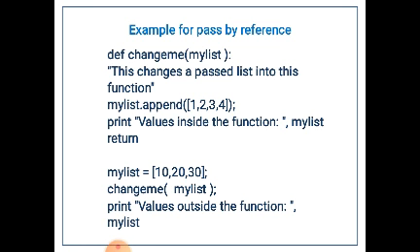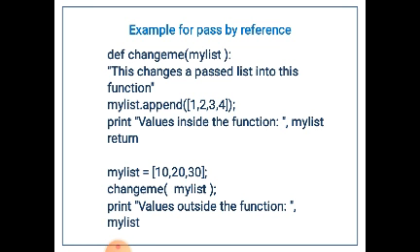As we have learned, def is the keyword for defining a function, changeme is the name of the function, open parenthesis, mylist, close parenthesis, colon. mylist shows the name of the list.